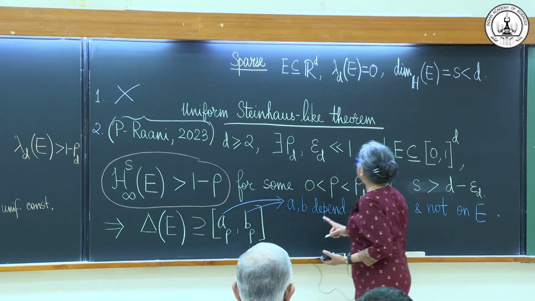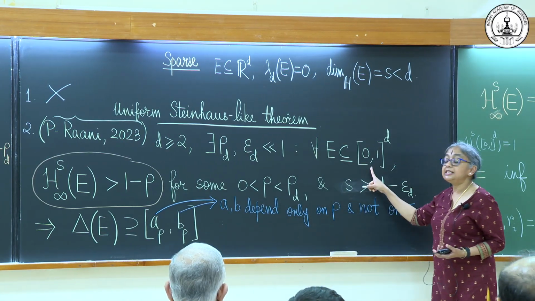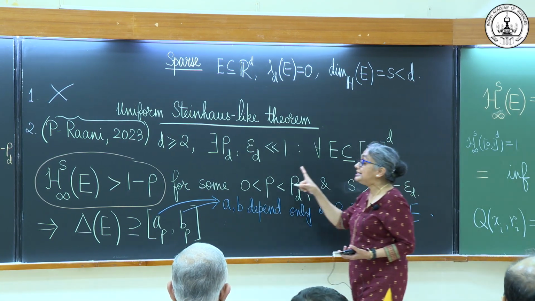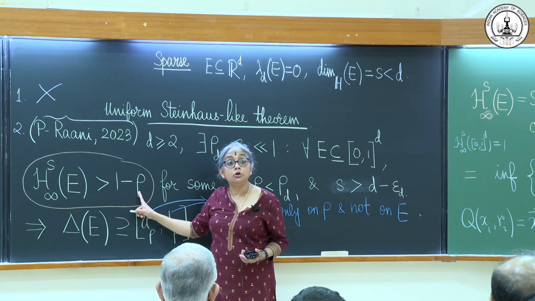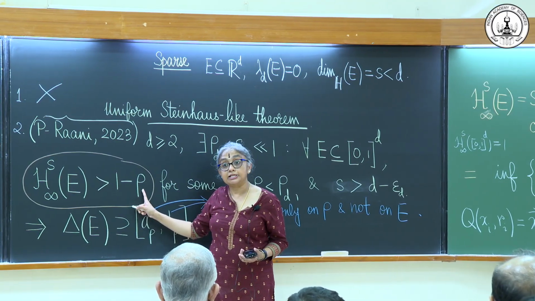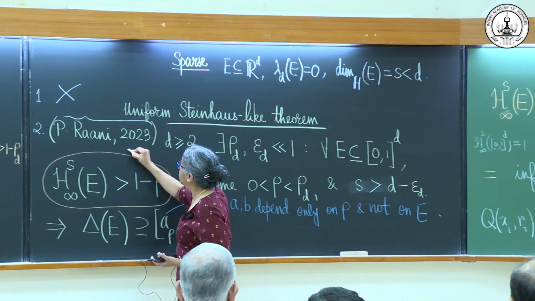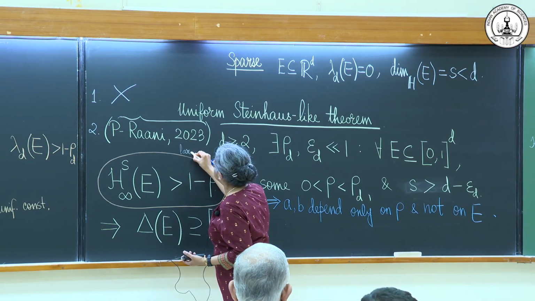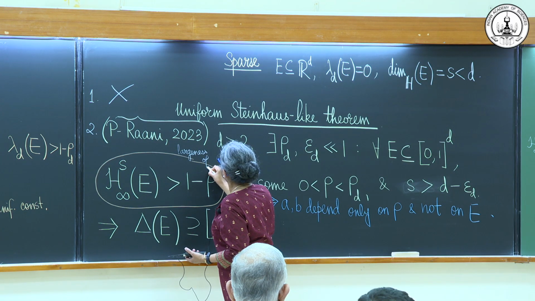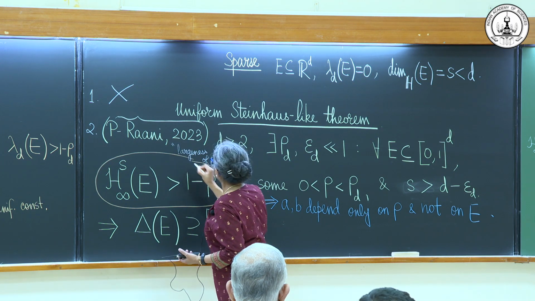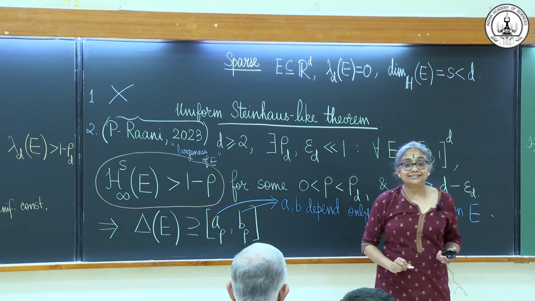And you should compare this. This condition just means that if you have a subset E of the unit cube, the s-dimensional Hausdorff content of E really comes real close to filling up the content of the unit cube. This is the largeness assumption. So this quantifies the largeness of E. This case though, because 1 to any power is 1, the s less than d was not actually needed.